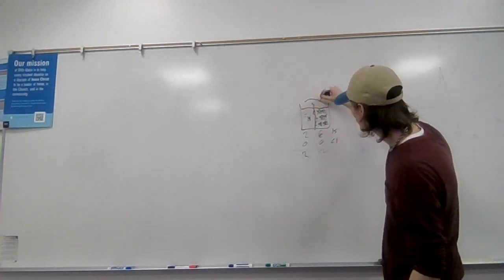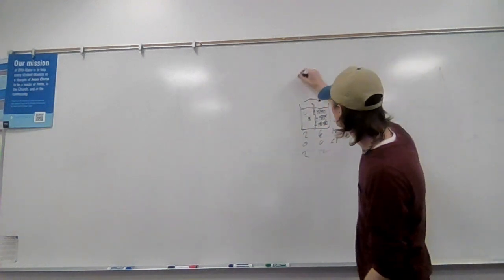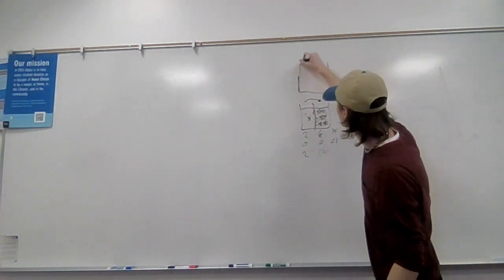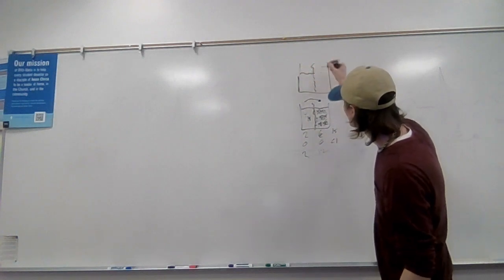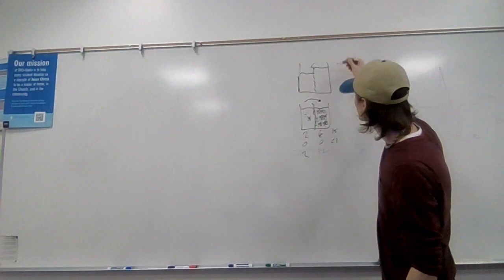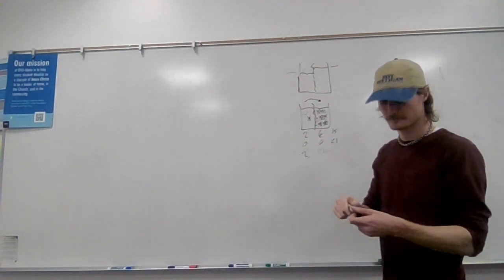It'll go from low to high. So throughout the process, this will be a rough drawing of it, we'll have the membrane here in the middle, and we'll have lower water here and higher water up here because of osmosis.